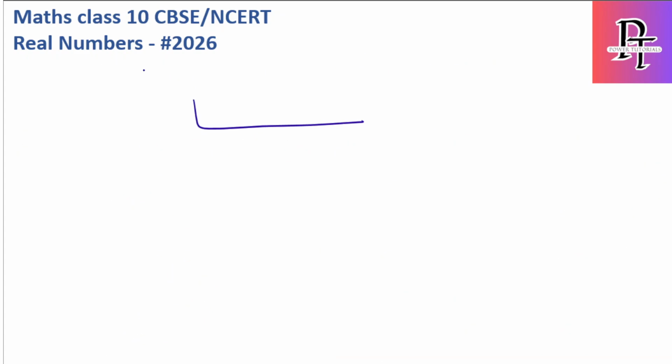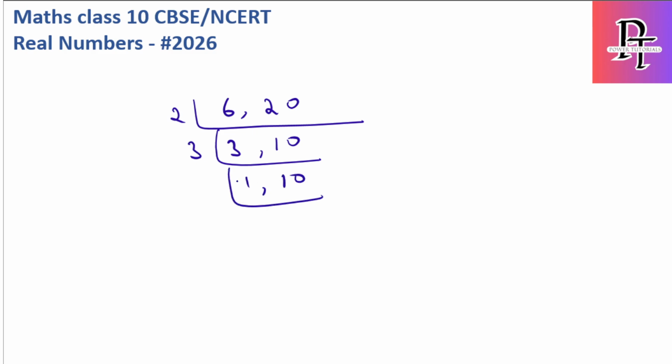If I divide by 2, 2 threes are 6, 2 tens are 20. Then 3 and 10 remain, so 2 threes are 6, 6 twos are 12, 12 fives are 60. In this way, the LCM of any set of numbers can be found in a shorter time.